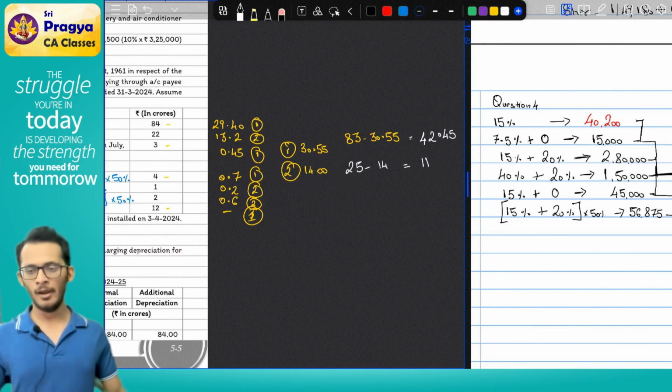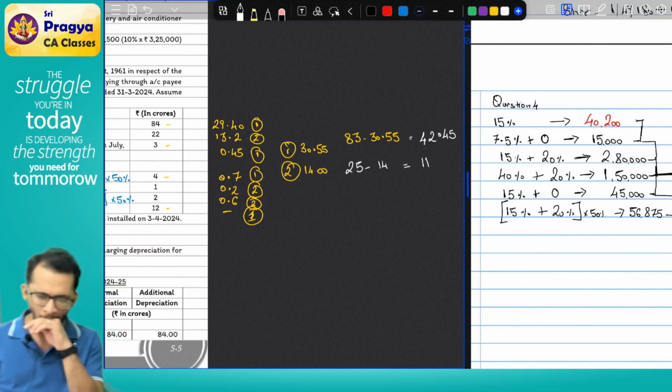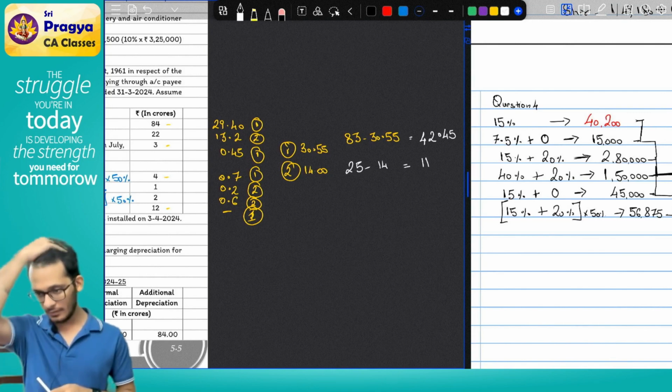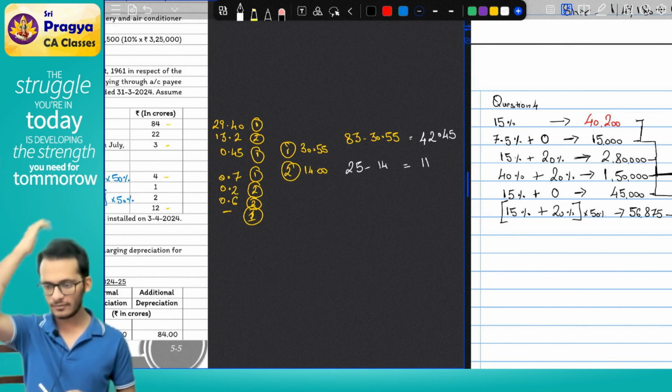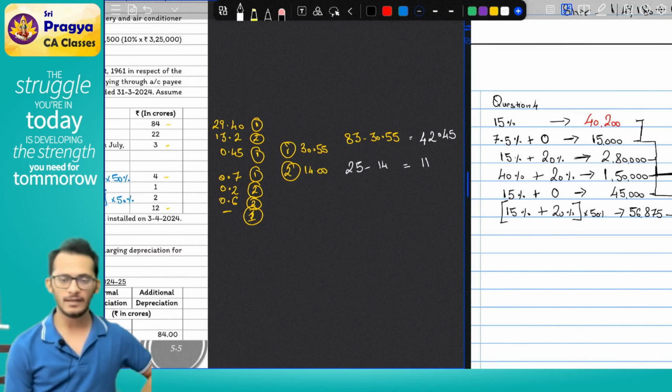Correct? So block number 1 closing WDV is 72.45 and block number 2 closing WDV is 11.